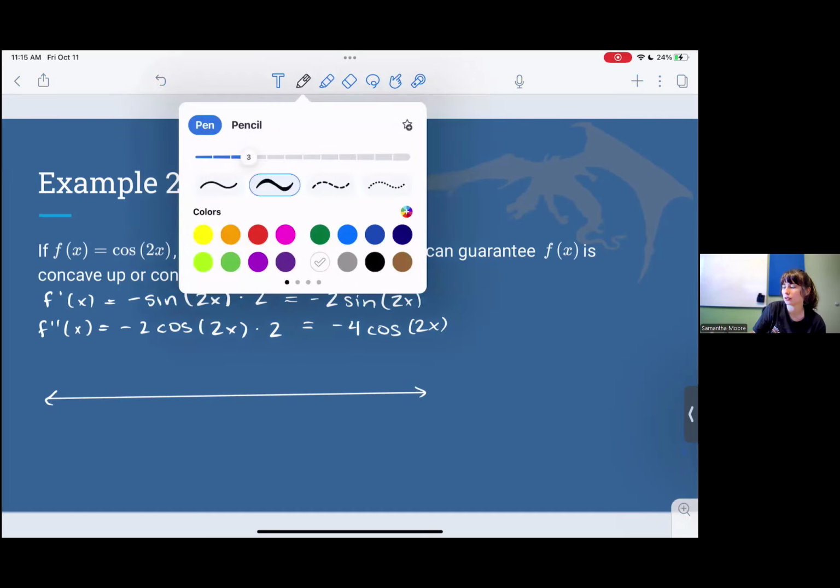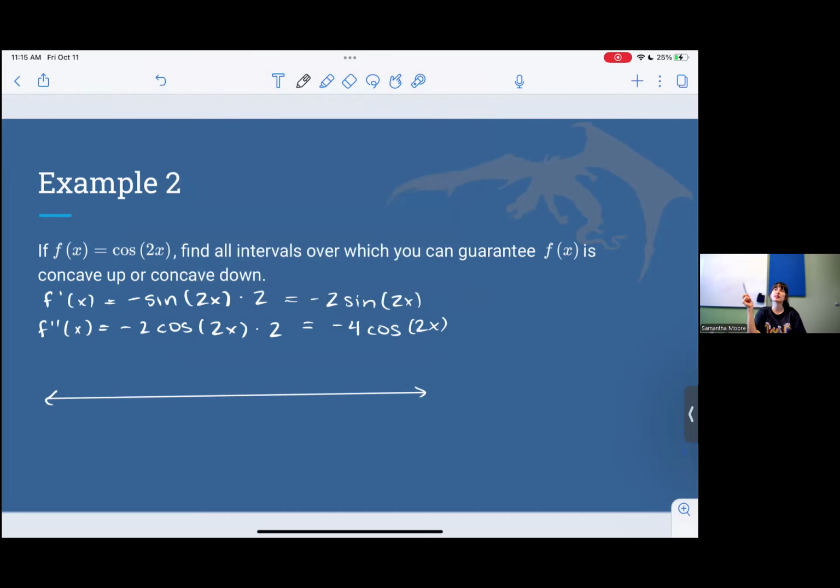So cosine equals 0 at pi over 2 and 3 pi over 2. Those are the angles that I would need to plug in. So 2x equals pi over 2 would mean that I'm really just looking at x being pi over 4. So at pi over 4, f double prime would be 0.